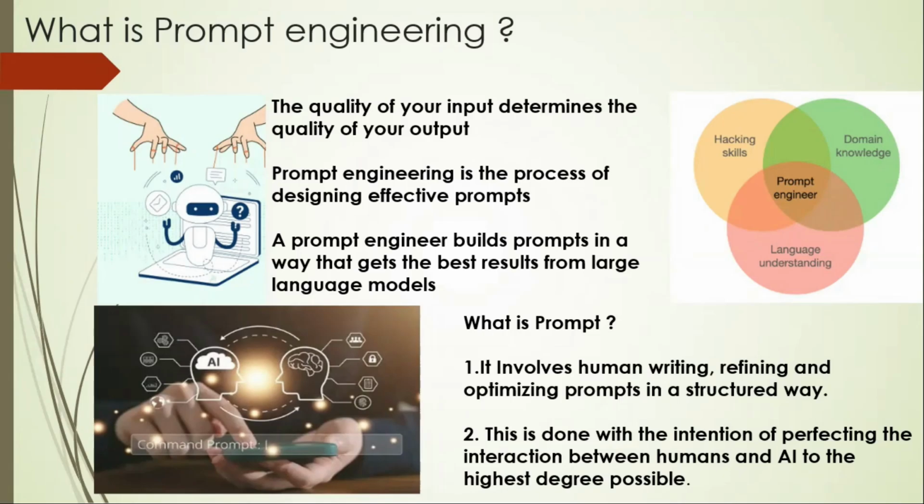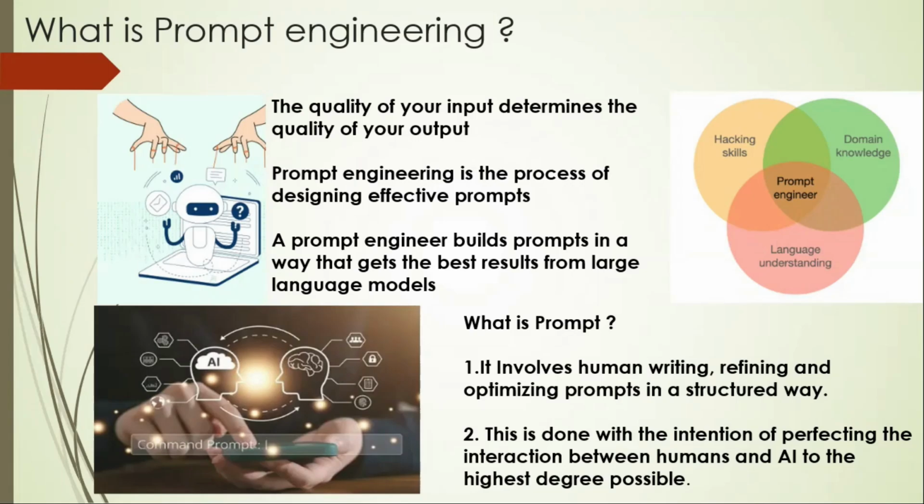Now, after the elements of the prompt, what would be the definition of prompting? Nowadays, prompting involves human writing, that means English or any language, writing, refining and optimizing prompts in a structured way.